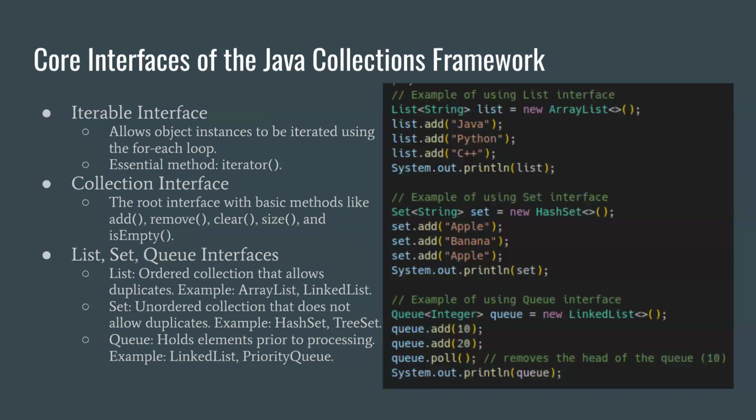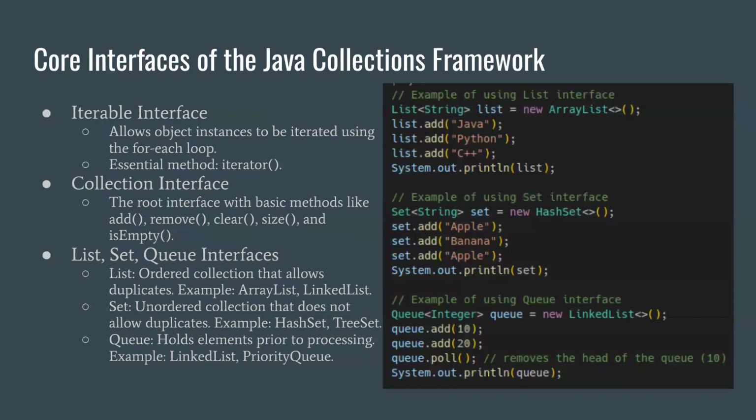Next, there is the Collection interface, which is really the heart of the framework. It provides basic methods like add, remove, and size, which are essential for managing elements in any collection.